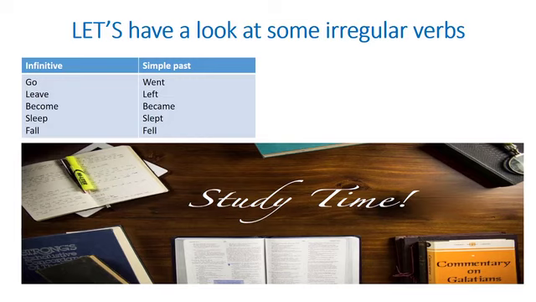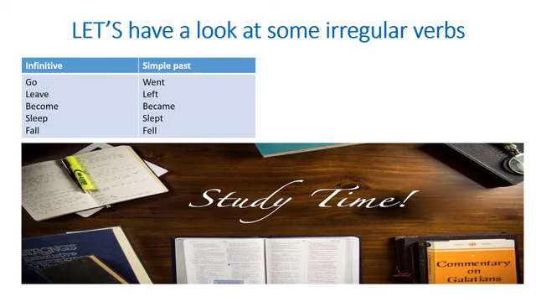Then you have the verb to leave, the simple past is left; become, became; sleep, slept; fall, fell. Here, go, we don't add ed. Leave, we don't add ed or ied. No, it changes. So you have to memorize the simple past of these verbs.